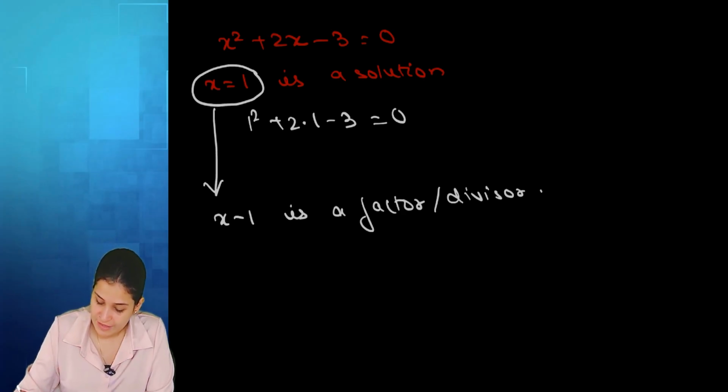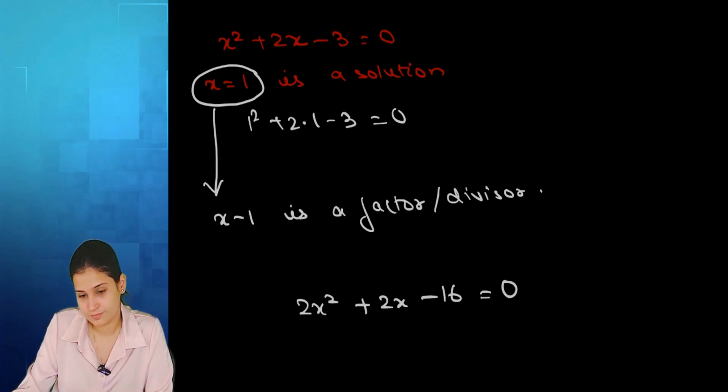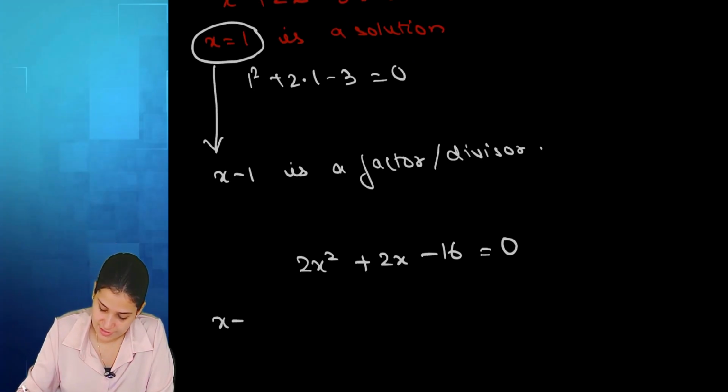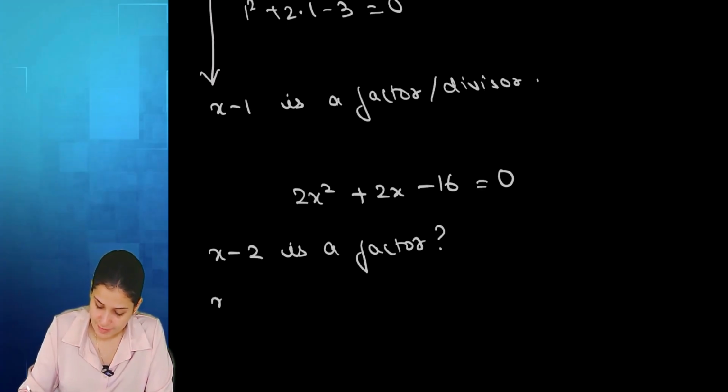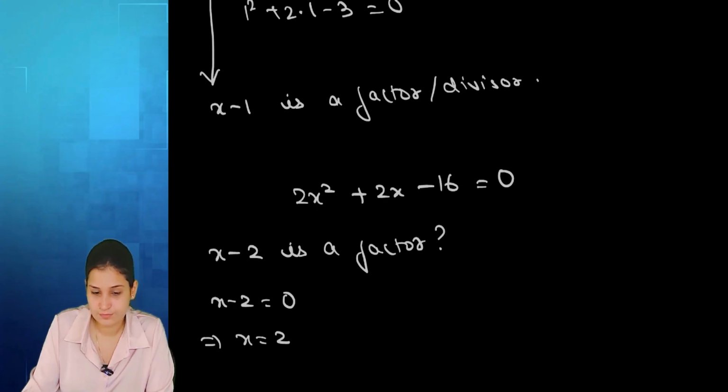Again, if I have an equation 2x square plus 2x minus 16 equals 0, and I want to check whether x minus 2 is a factor, what I'll do is x minus 2 equals 0, that means x equal to 2.